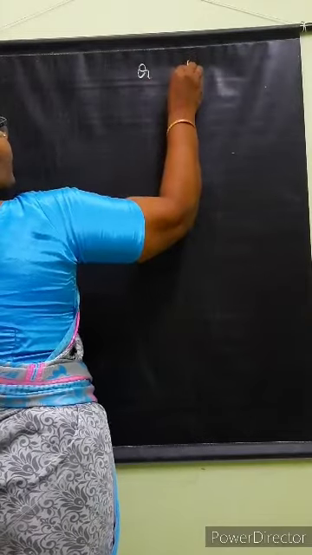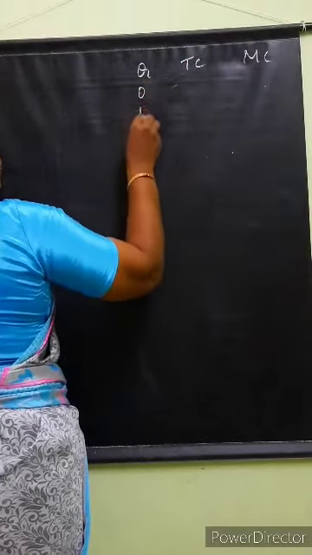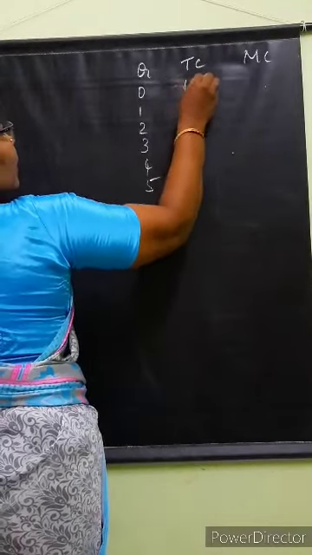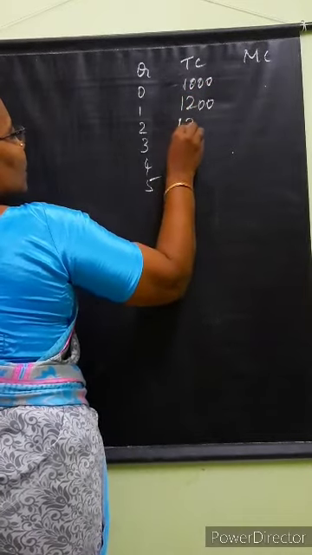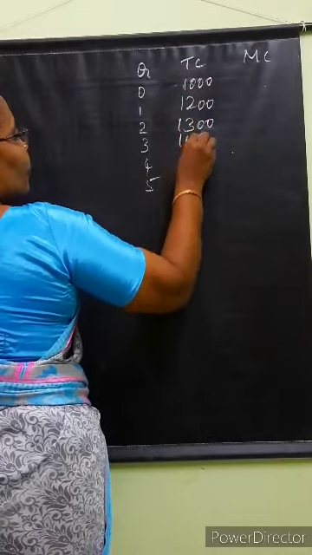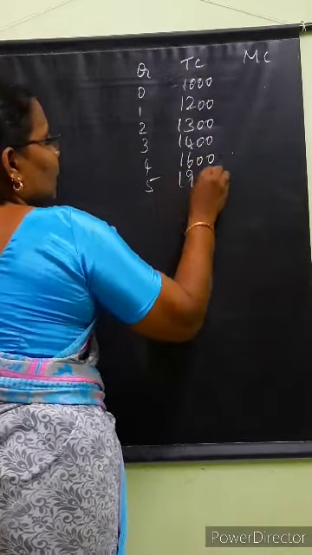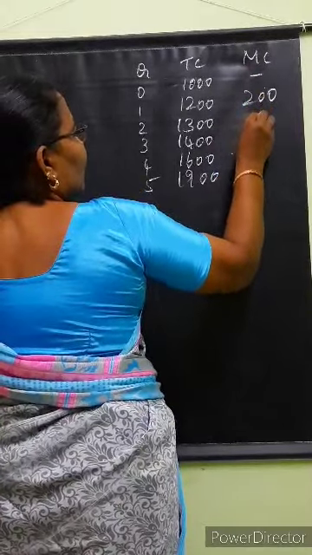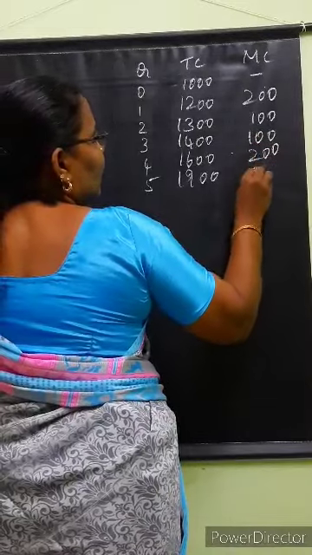Q, total cost, marginal cost: 0, 1, 2, 3, 4, 5 we have written. Here 1000, 1200, 1300, 1400, 1600, 1900. Marginal cost we have calculated: 200, 100, 100, 200, 300.